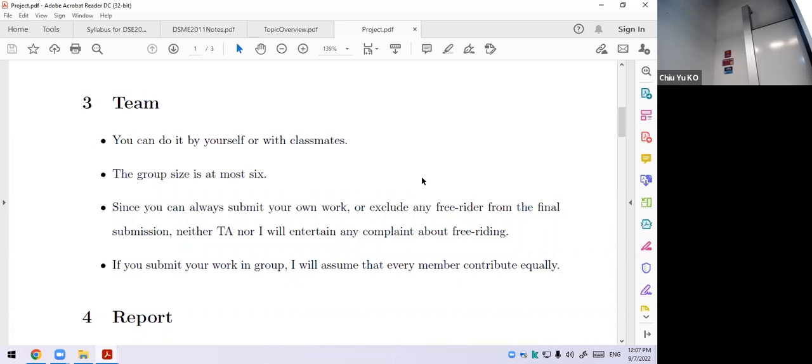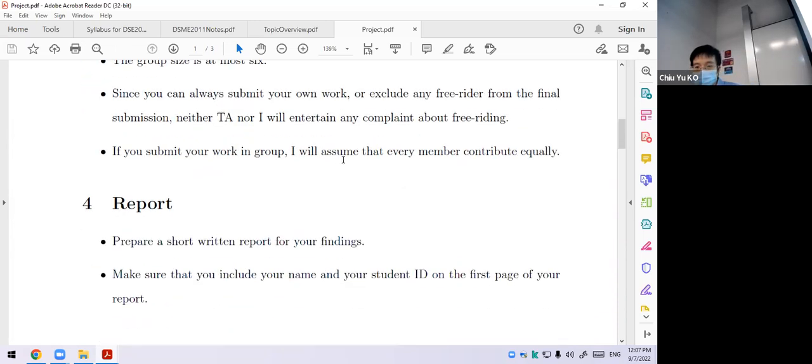You don't need to ask me to approve a topic. You can just do whatever you like. Of course, if you want to confirm whether your topic is okay, you can email me, but I would not give comments unless your topic doesn't really work out. From the past, only 1 or 2 people sent me topics, and at the end everyone was okay.